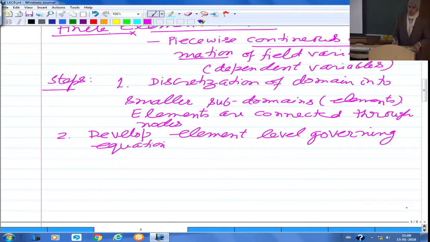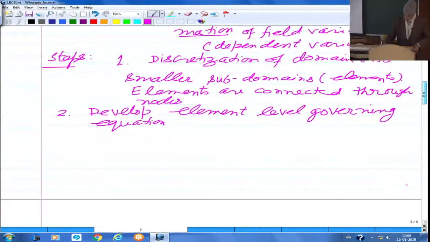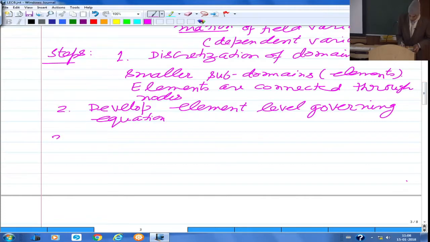So essentially either we have a differential equation, corresponding weak form or integral functional, we finally convert all of that into a set of simultaneous equations. And because at this step what you are doing is developing governing equations which are referred to as element level governing equations for one element, and of course these are usually general enough that the same form is applicable to other elements. Then you have to join all of them together.